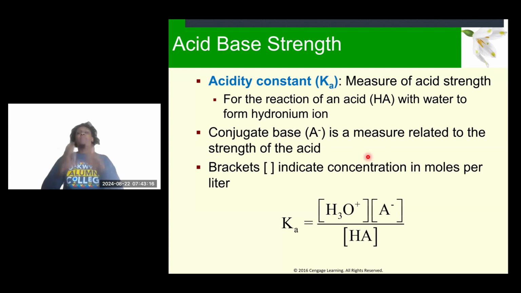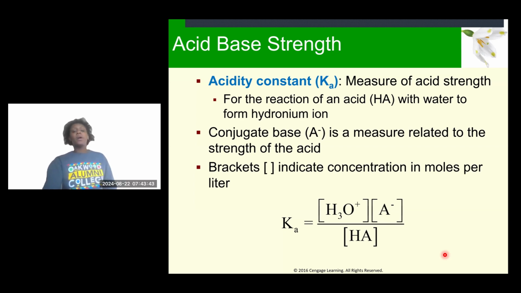The stability of the conjugate base, which is A minus here, okay, is related to the strength of the acid, or I should say the strength of the acid is related to the stability of the conjugate base. So the more stable the conjugate base is, the stronger the acid is, because it's willing to give it up.